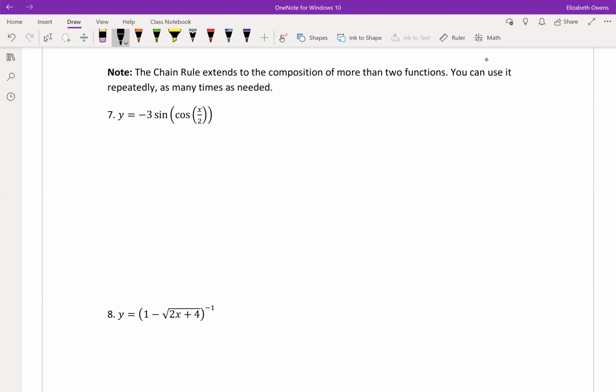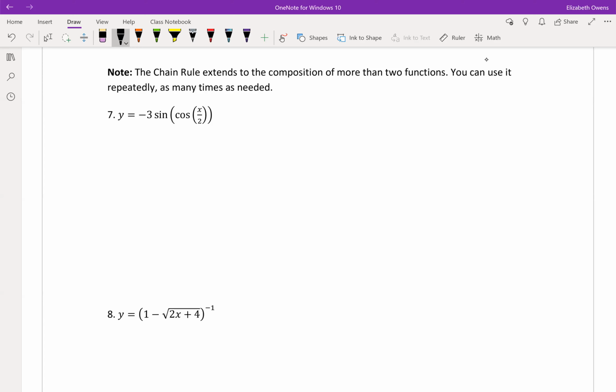And again, there are different approaches for this. You can use Newton notation, you can use Leibniz notation, or you can use the cover-up method. I'm going to stick to the cover-up to keep things consistent, but if you have questions on the Newton or Leibniz notation for these types of chain rule problems, just let me know and I'm happy to explain how that all ties together.